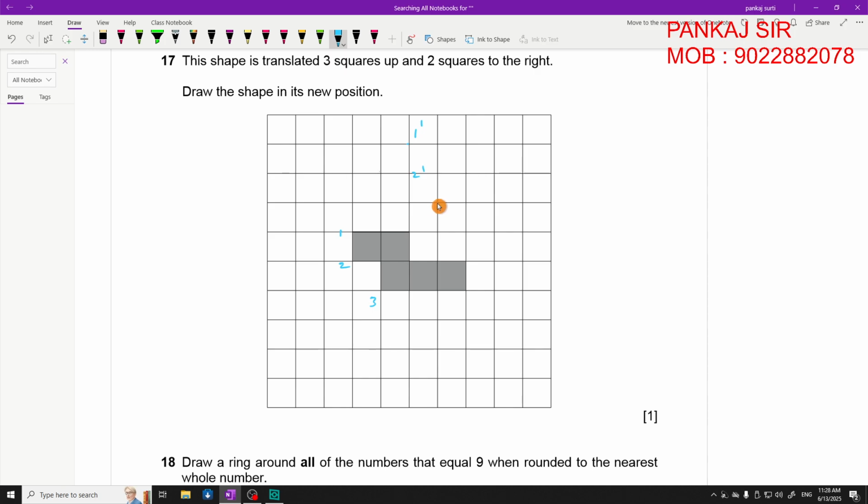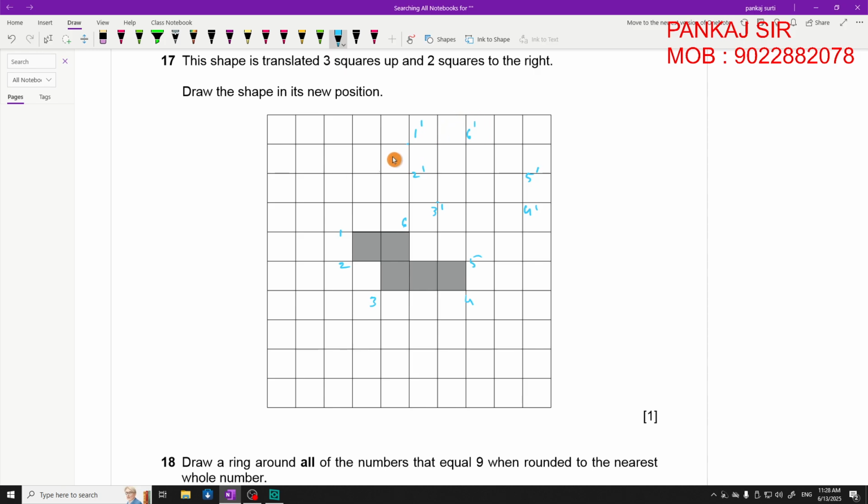Okay. So this will be 3 prime. Okay. Then this one, fourth, it will be 1, 2, and 3, and then 1 and 2. So this will be 4 prime. Okay. Then 5. This should be 1, 2, 3, and then 1, 2. So this will be 5 prime. Okay. And this one, sixth one, should be 1, 2, 3, and then 1 and 2. This will be 6 prime.